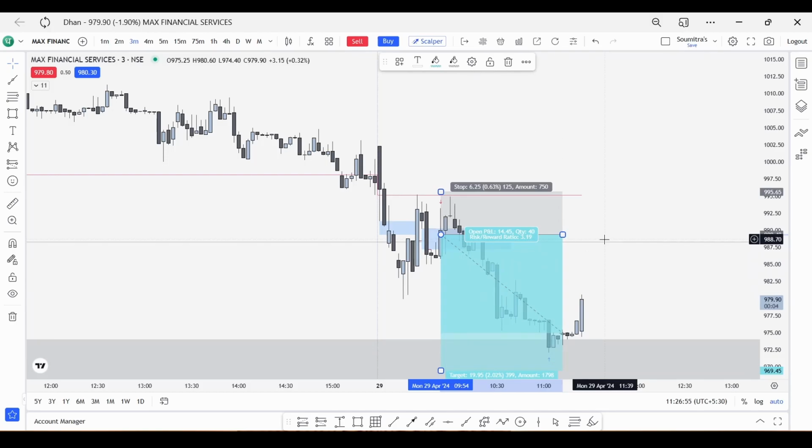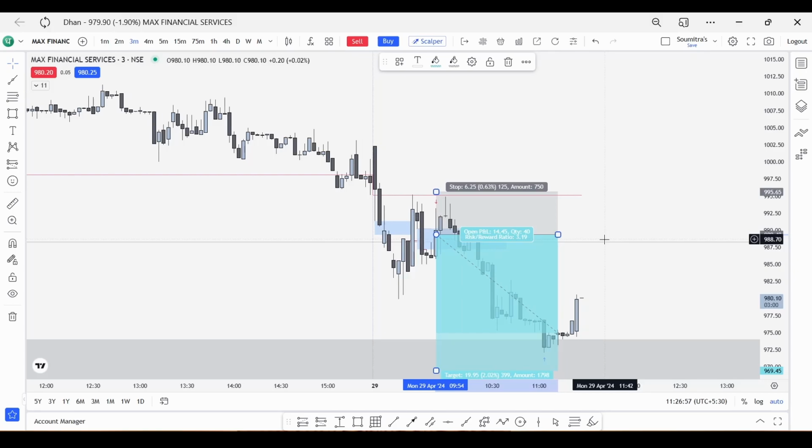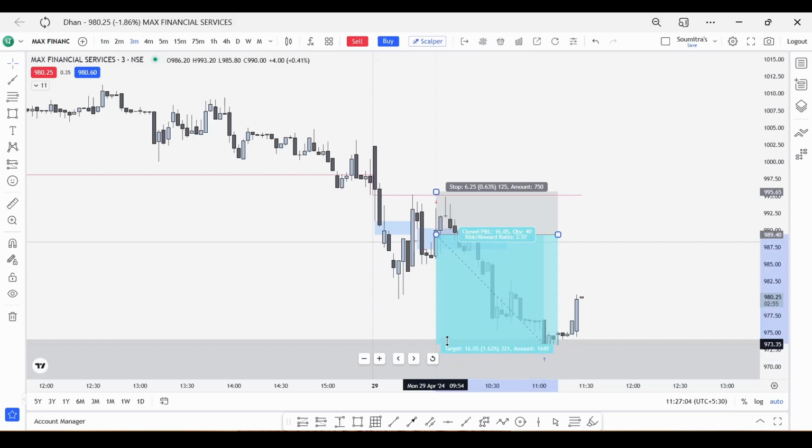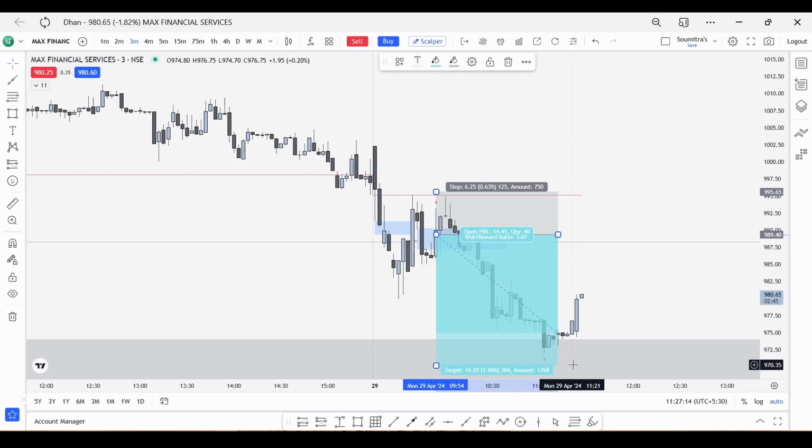For example, if you are working with 3:1 risk to reward and your entry is here and you are not satisfied with this much because it is giving you 2.545 or 2.5, then you just drag it to make it 3 and you shifted the target, then it is possible that you will miss the target and it will hit your stop loss, because this is the discount area from which it can actually react.